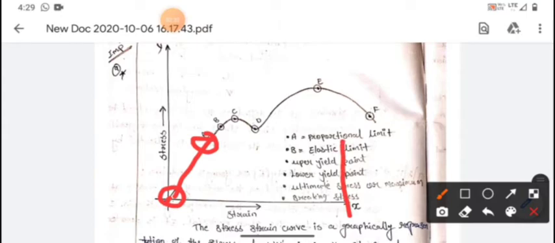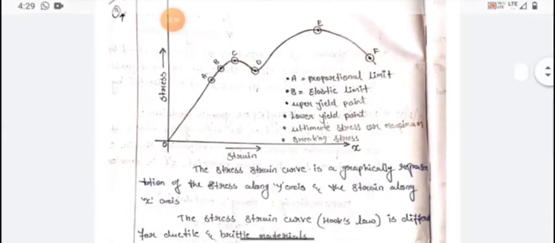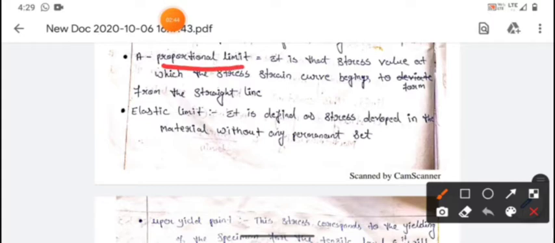What is the proportional limit? Proportional limit is the stress value at which the stress strain curve begins to form a straight line.